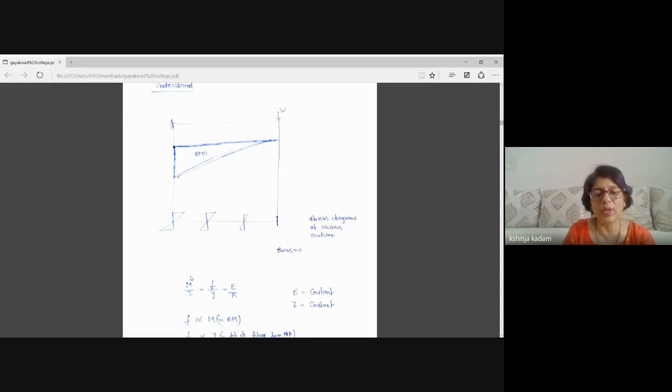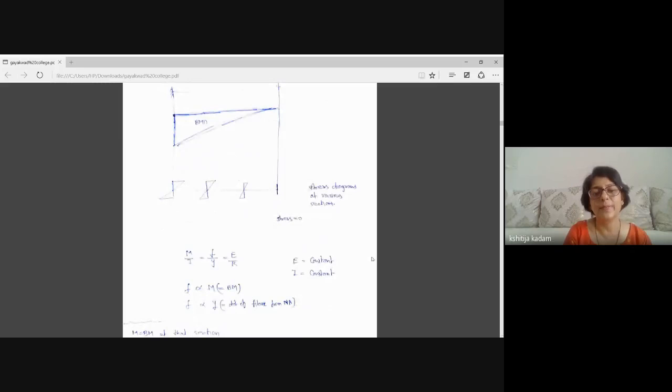Now we have this formula M upon I is equal to F upon Y is equal to E by R. So you understand two, three things here, that I am interested in finding stress. So on what quantity does stress depend? Mostly Young's modulus is constant and the moment of inertia of the section is constant. Why? Because the section is constant throughout the length of the beam.